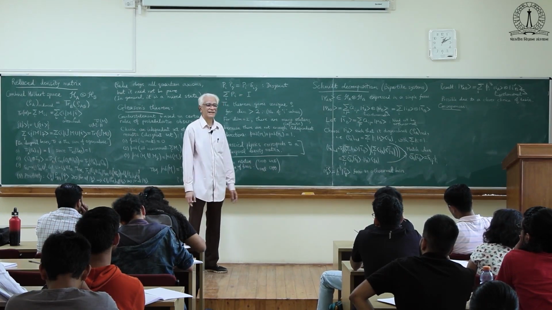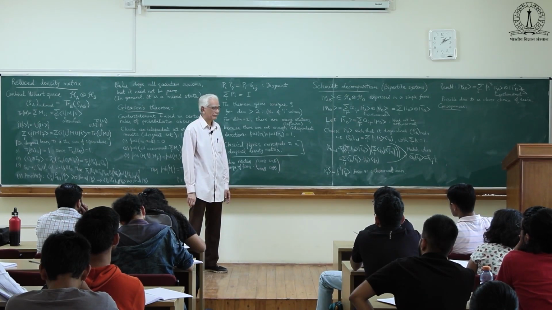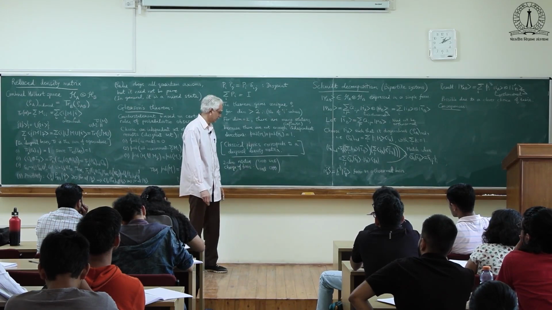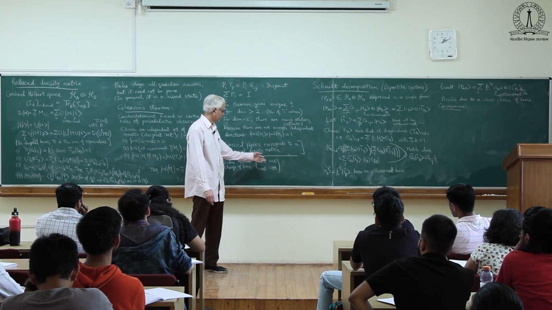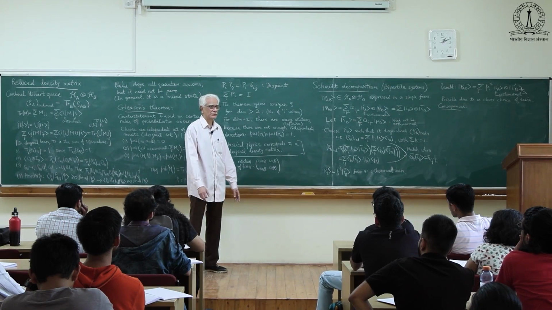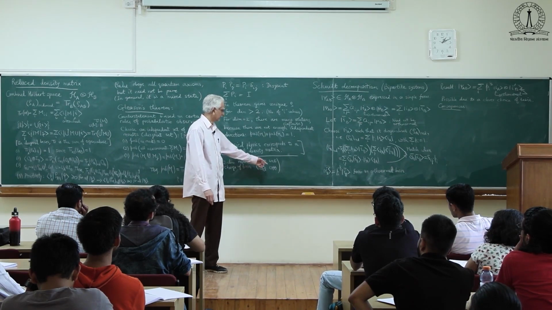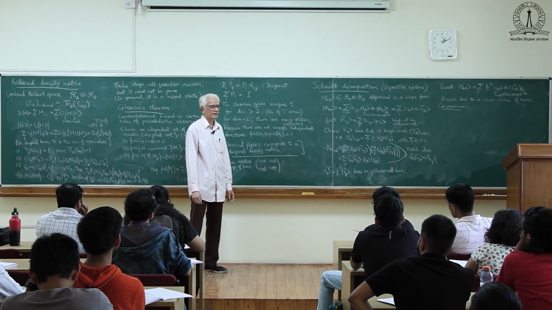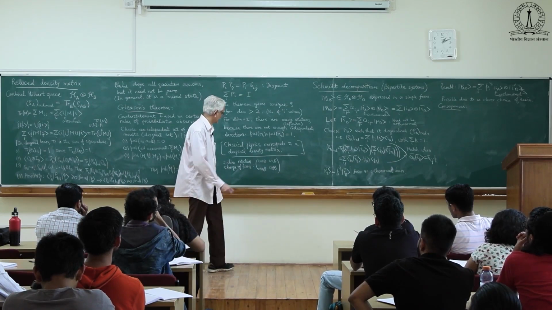But what are the eigenvalues of these matrices? The determinant is 1. There are only two eigenvalues, so they have to multiply to 1, and the trace is 2 cosine theta, so the eigenvalues have to add up to 2 cosine theta.